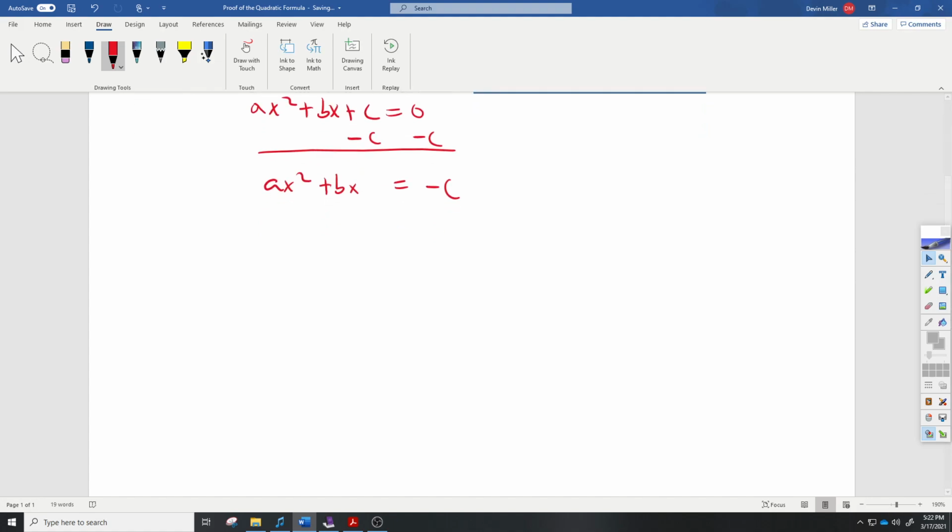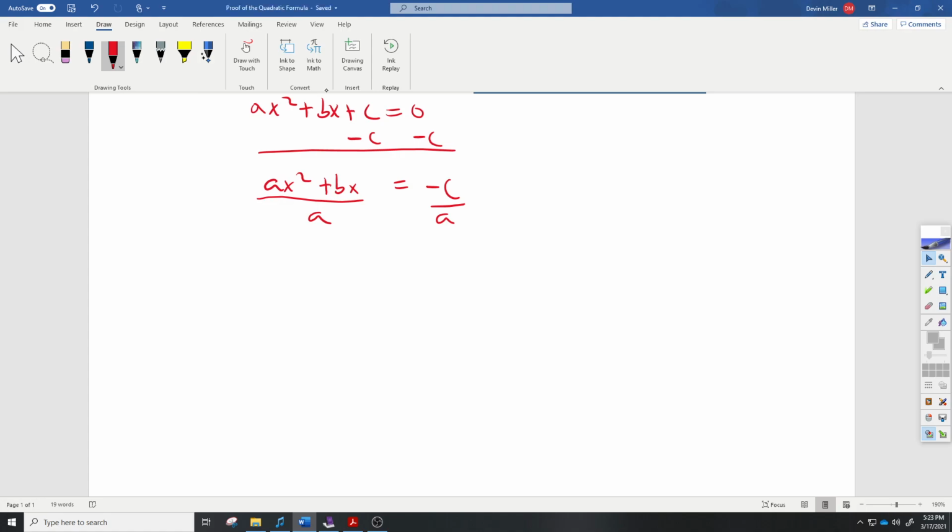At one point, we looked at the a value out front and we factored that out. We had to do that before because there was a y over here, but we don't have a y on this side. We are going to get rid of this a by dividing the entire equation by a. We're going to divide everything on this side by a and everything on this side by a.